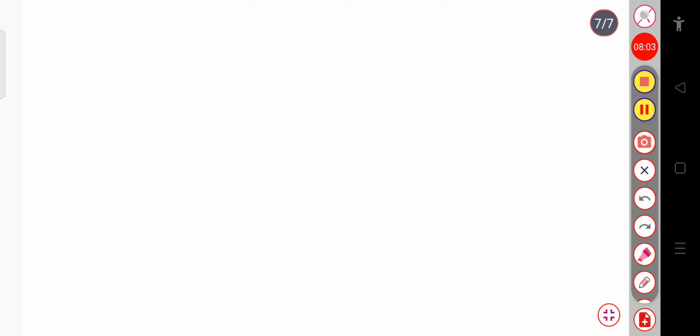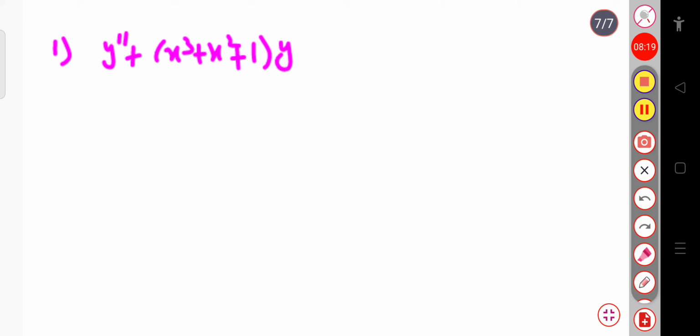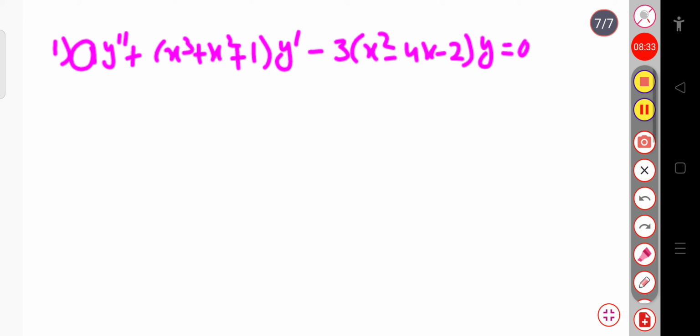Now let us take an example. Suppose the equation is y double prime, that is d square y by dx square, plus x cube plus x square plus 1 times dy by dx, that is y prime, minus 3 times x square minus 4x minus 2 times y equal to 0. Here the coefficient of y double prime is only 1, so there is no need to divide anything.